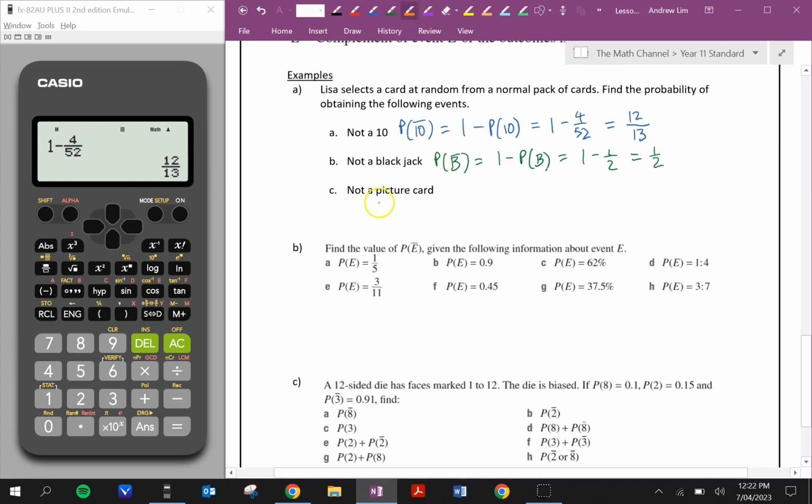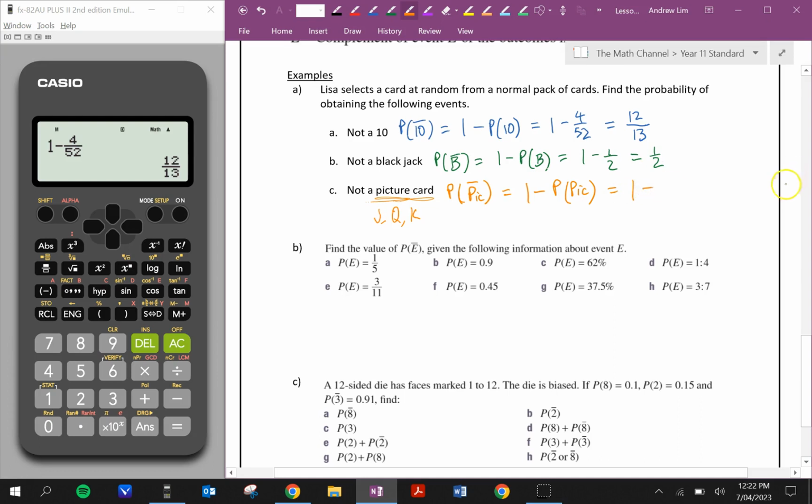What about not a picture card? So you really need to know your deck of cards, okay? So a picture card is pretty much Jack, Queen, or King. Okay, and there are 4 of each, so there are 12 picture cards in total. So the probability that it's not a picture, okay, not a picture, I might write pick. All right, so not a picture is actually 1 minus the probability that it is a picture.